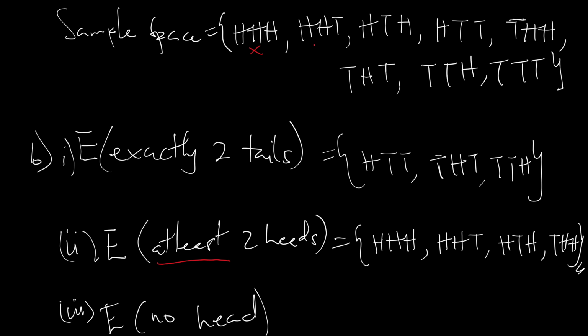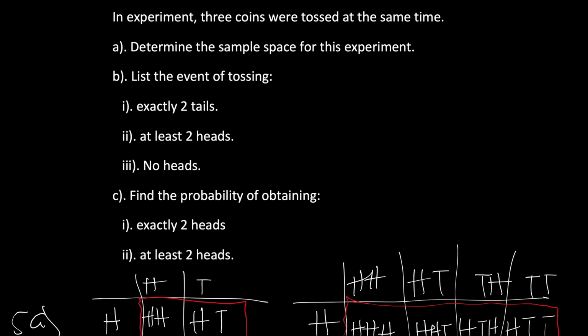There's a head here. In fact, there are two. So out, out, out, out, out, out. And there's no head here. So we have just one. So this will be equal to T, T, T. Okay, so we are done with the B part.